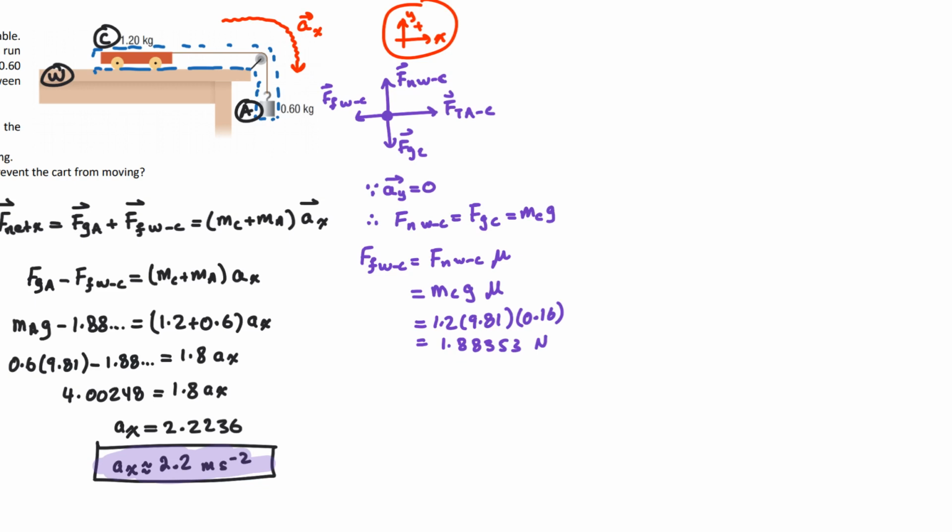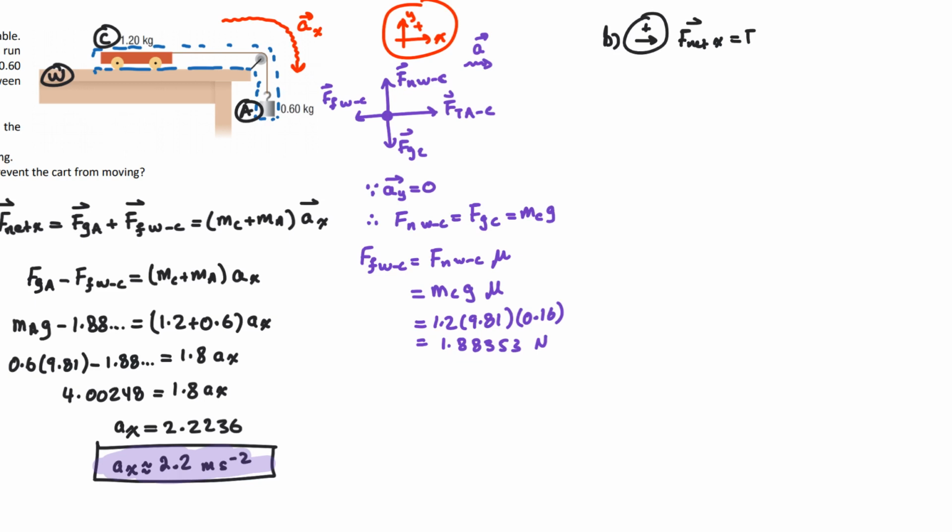So for part B of my question, I'm going to take right to be positive because I know that the acceleration is in this direction, and F net x is going to equal the sum of forces.